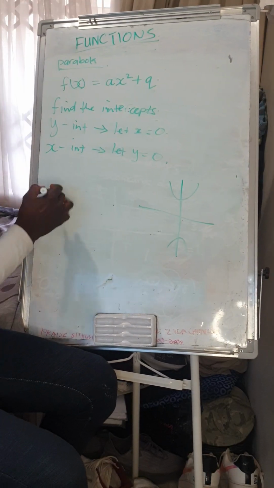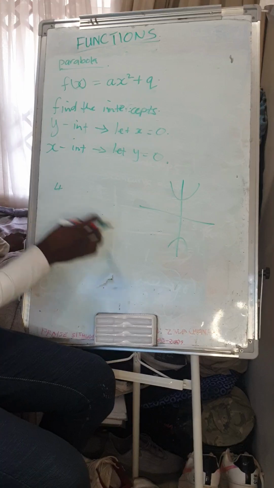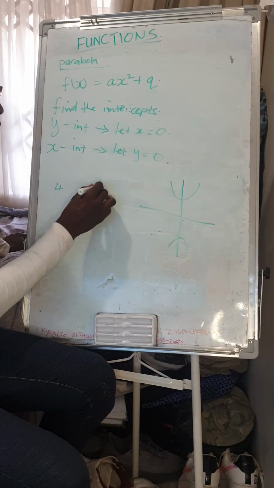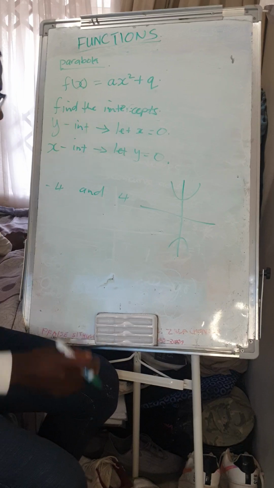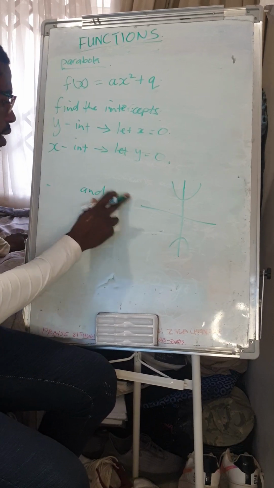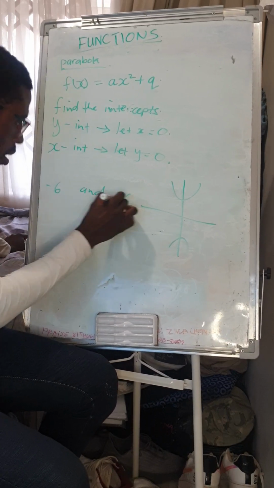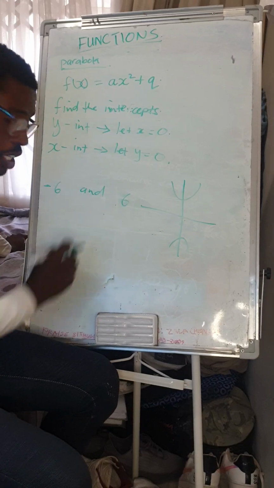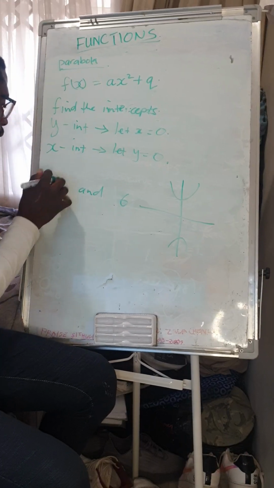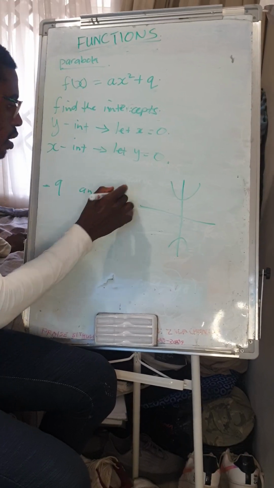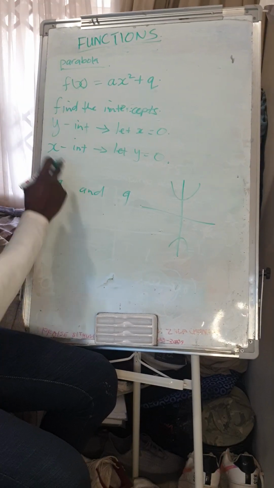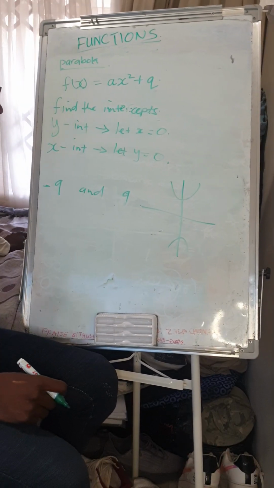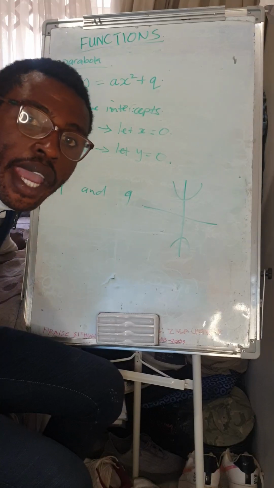If it's 4, it's 4 and 4, but the one is negative and the other is positive. If it is 6, it is 6 and 6, but one is negative and the other is positive. If it's 9, it's 9 and 9, with one being negative and the other positive. That's when you have the x-intercepts, only in grade 10.